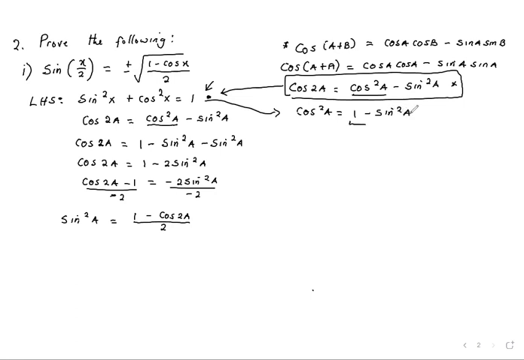So if we substitute this where there is cosine, we're going to have cos 2A written as 1 minus sine squared A, representing cosine squared, then minus sine squared A. If you add these, you get that cos 2A is the same as 1 minus 2 sine squared A.